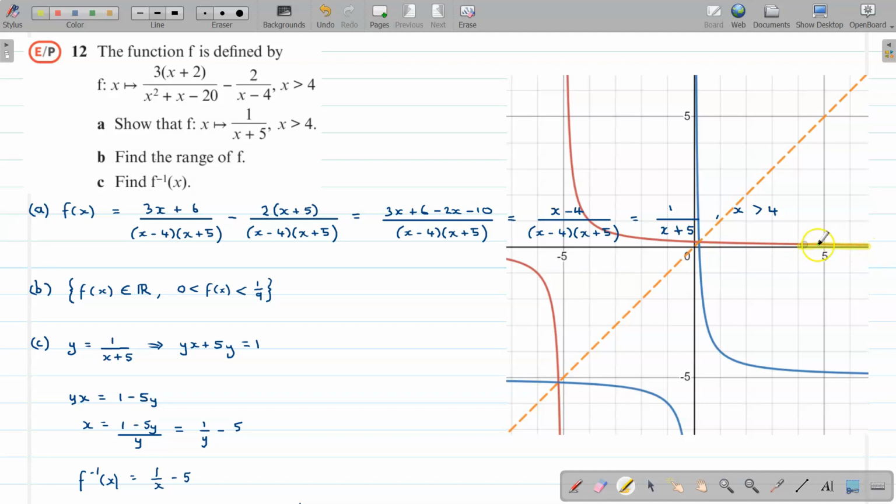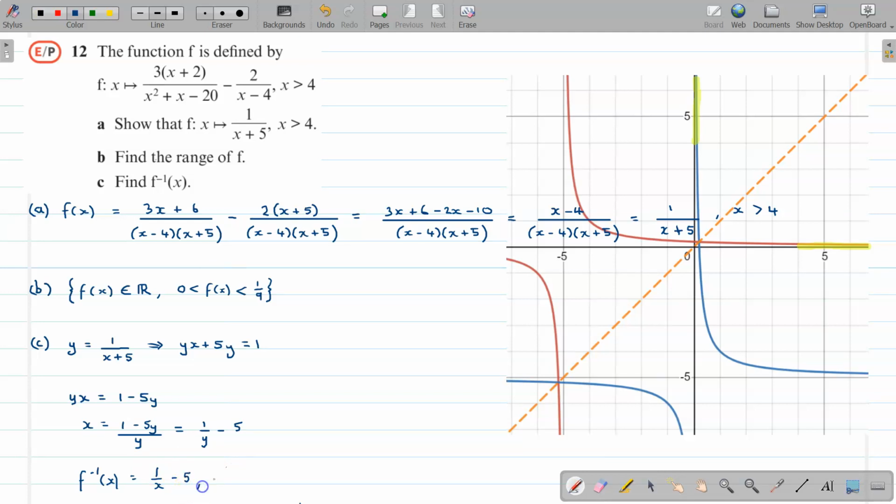If you flip all that over, it takes you to this bit here. So this is reflecting in the line y equals x, and this is the corresponding piece of graph that's been reflected from here. And that becomes the domain of the inverse function of f. So to cause the output or the range of the inverse function to be greater than 4, the domain has to be just here between 0 and 1/9.